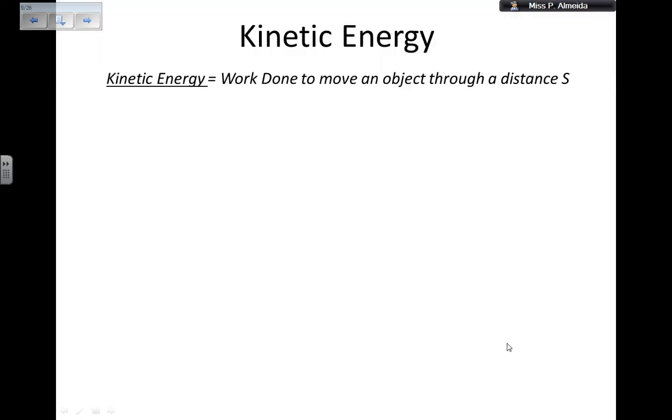Kinetic energy is the work done to move an object through a distance s, right? So s is going to be my average velocity times the time. Remember that velocity equals distance over time, so distance equals the velocity times the time. Now again, I want my average velocity, so I'm going to do 1/2 of my initial velocity plus my final velocity, okay?